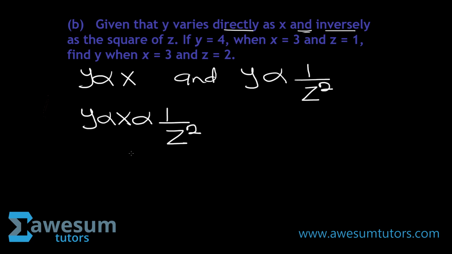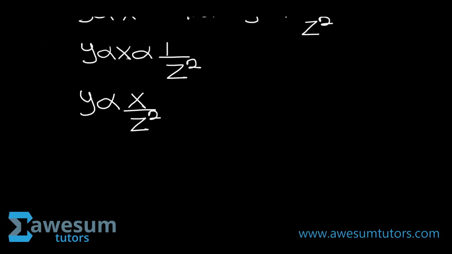We can bring both together and say y varies as x times 1, which gives you x, so y varies directly as x and inversely as z squared. So we have been able to combine both the direct variation and the inverse variation.